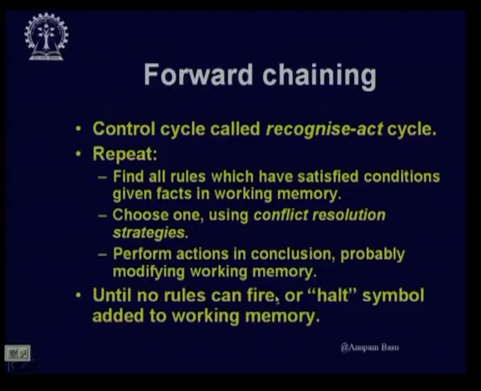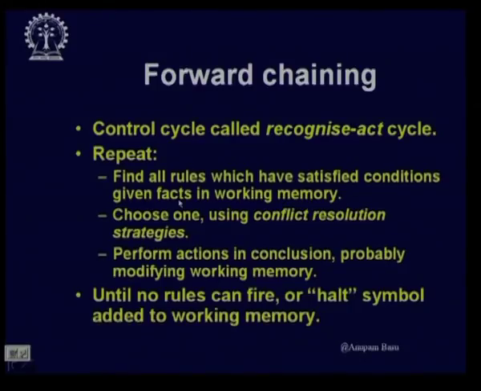All right. And the control cycle that we have talked about is recognize act cycle. This is exactly the same which we discussed in the last lecture with match. Match is the recognize, then resolve the conflicts and act, that is the execute phase.